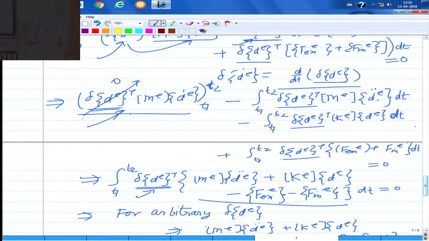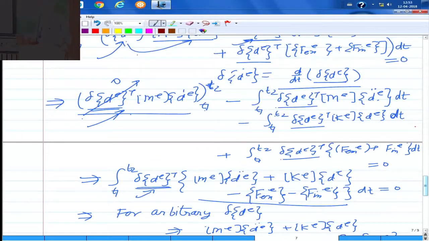So we are assuming that we always know two configurations of the body, and the integration is between those, and the variation of dE is 0 at t1 as well as at t2. Maybe you can think of the whole thing as a kind of periodic system: you take a loop and come back to the same location, so t2 equals t1 where the configuration is known.